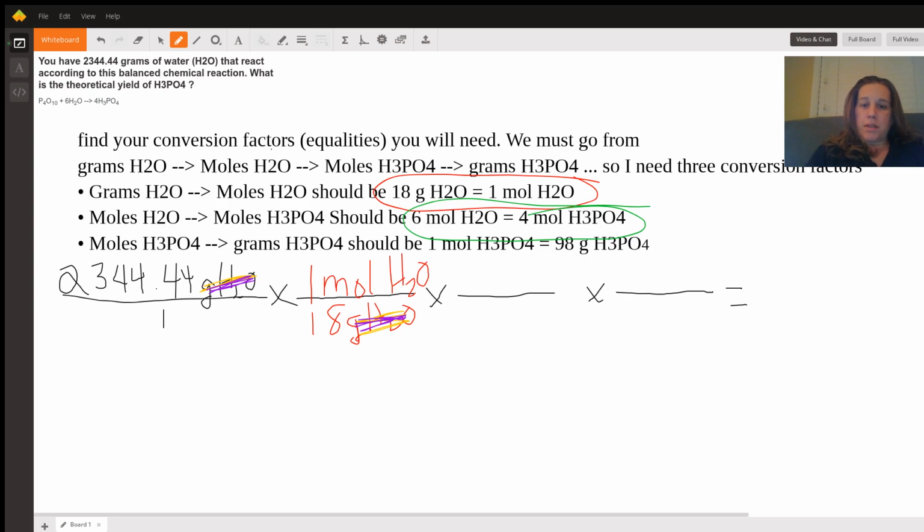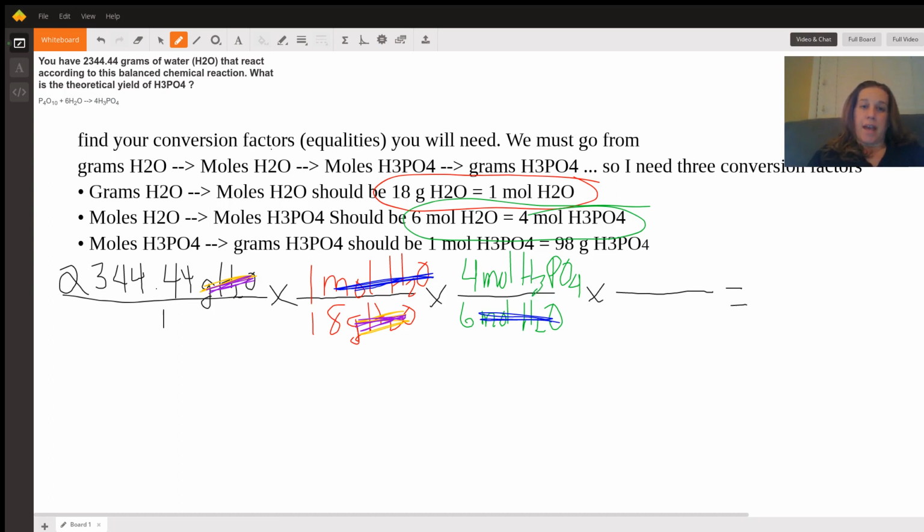So I'm going to put down 6 moles of water as the denominator and 4 moles of phosphoric acid as the numerator. What that's going to do is allow me to cancel out my moles of water. And now I'm left with moles of phosphoric acid.